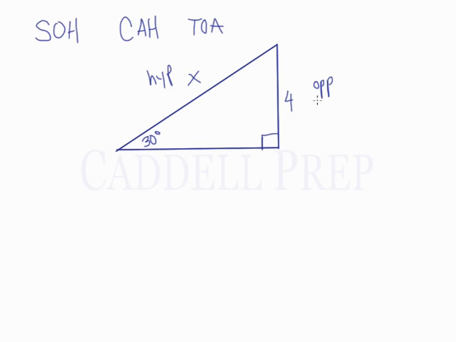So we have the opposite side and we need the hypotenuse, so we're going to have to use sine, because sine has opposite and hypotenuse in it. So we'll start by writing sine of the angle theta equals opposite over hypotenuse.